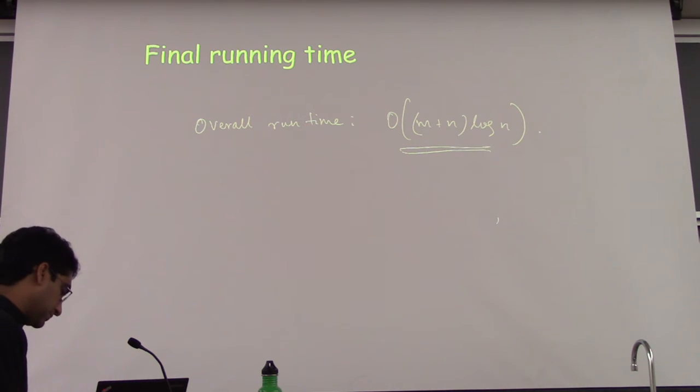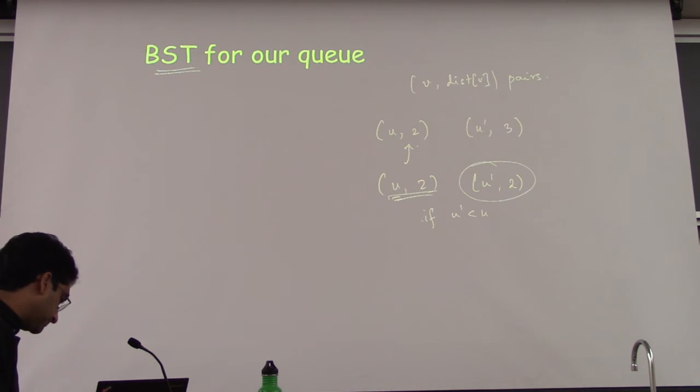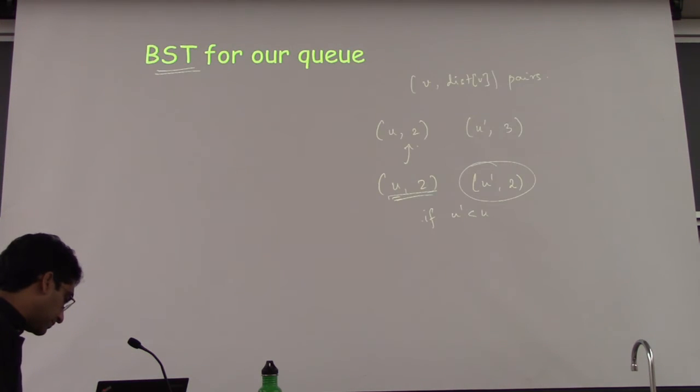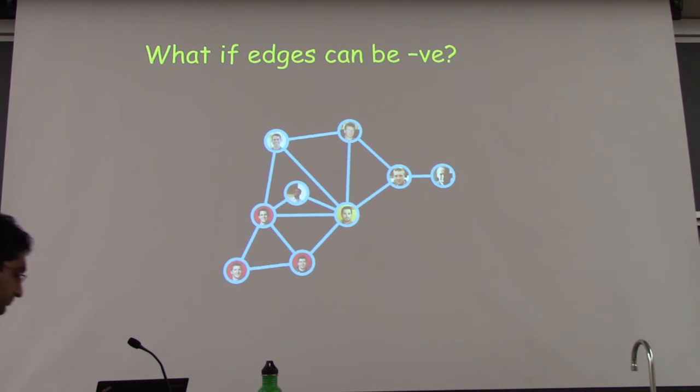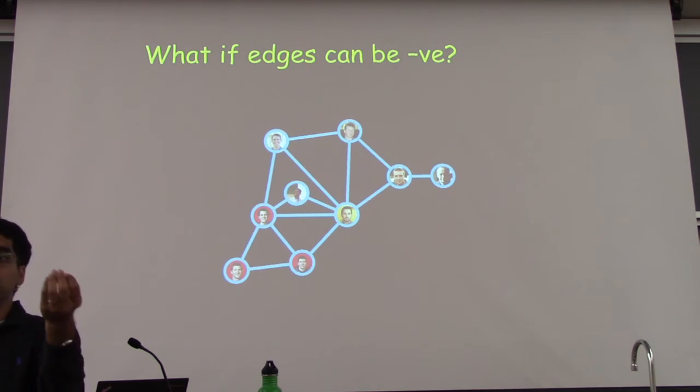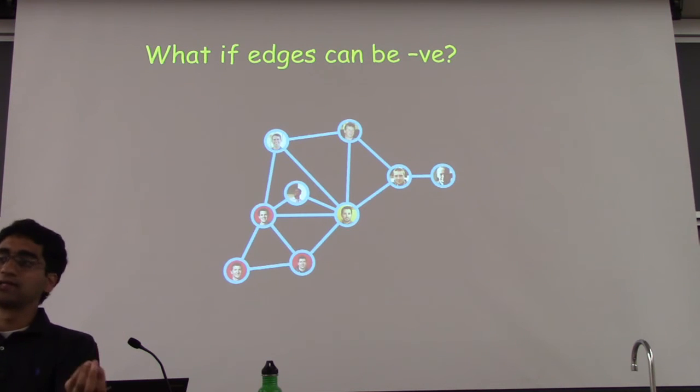Okay, so alright. So far, the algorithm we described uses the non-negativity of edges very crucially, right? Because what we said is, once an element reaches the front of the queue, then you have found its shortest path.